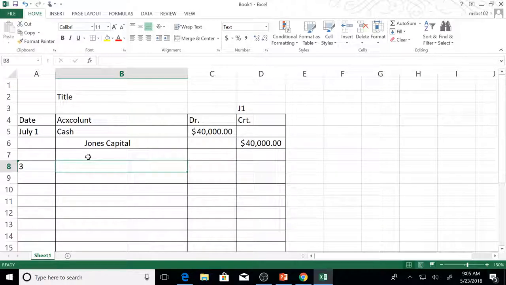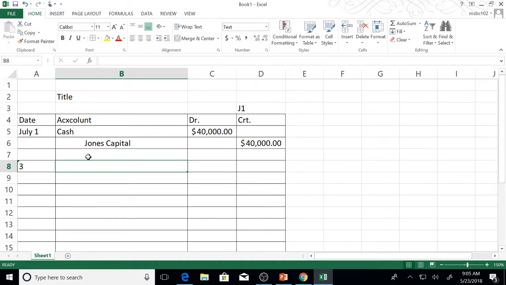Office. So what are the two sides? Rent, 3,200, and cash. Now, since it's a payment in advance, we call it prepaid rent. Since it's paid in advance, it's called prepaid rent.